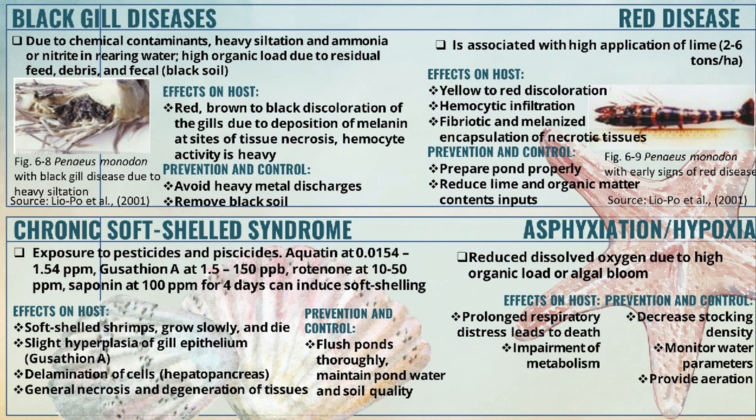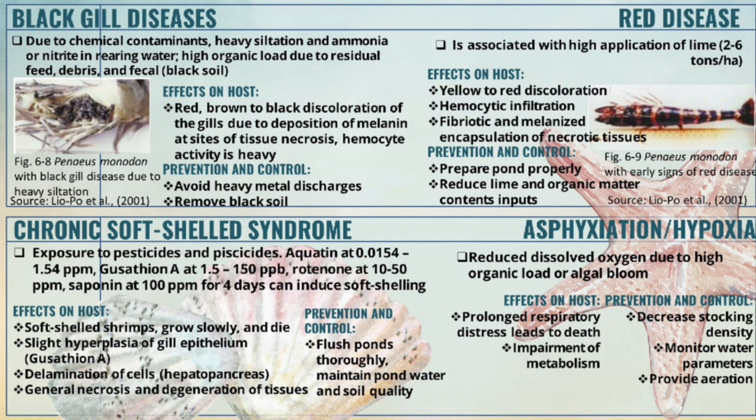So for its signs, the shell is thin and persistently soft for several weeks, and the shell surface is often dark, rough, and wrinkled, and also the affected shrimps are initially weak.